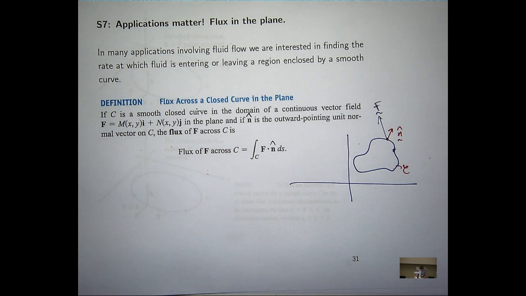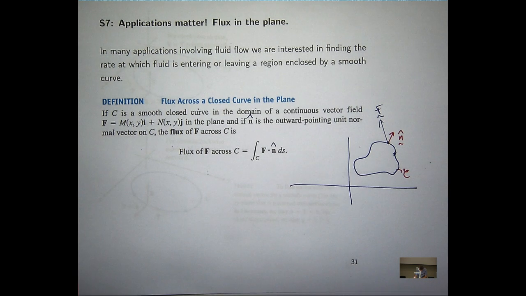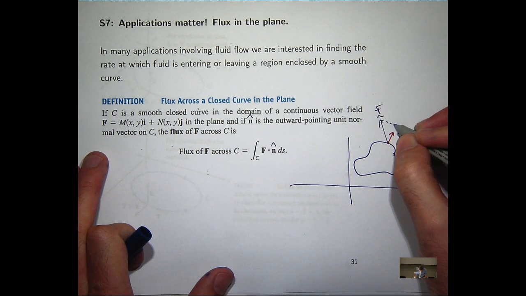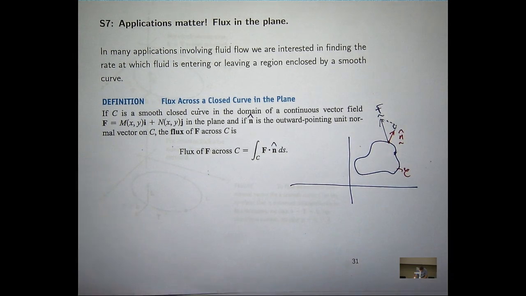So essentially, how you produce this flux using line integrals is the integral of the normal component of F, just integrated around the curve.